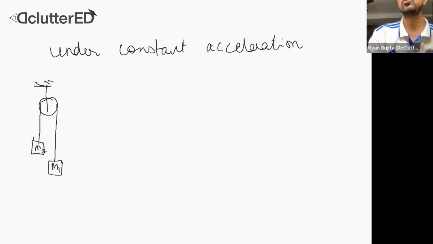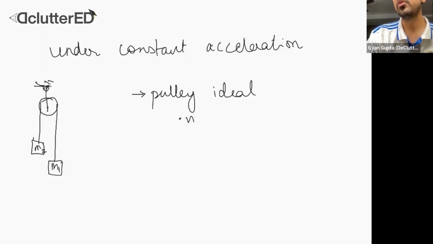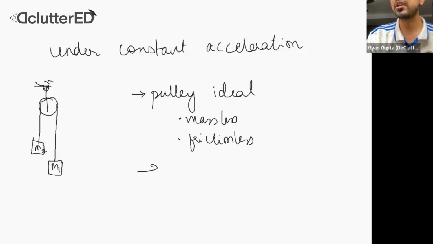The two key things that we need to keep in mind, or the assumptions, are that the pulley is ideal, that is massless and frictionless, and the second one is that the string is ideal. As we have studied in our previous episode, an ideal string translates to tension same throughout.